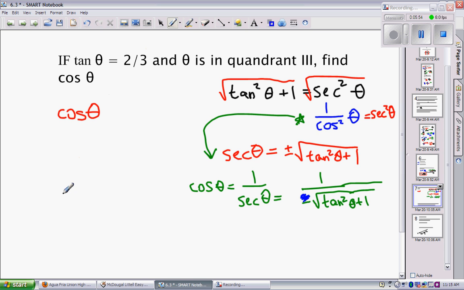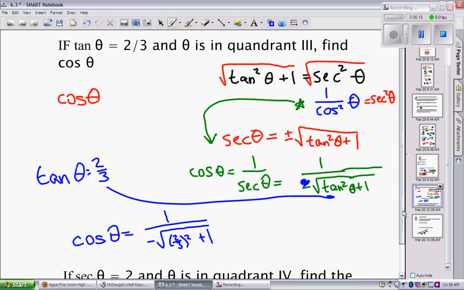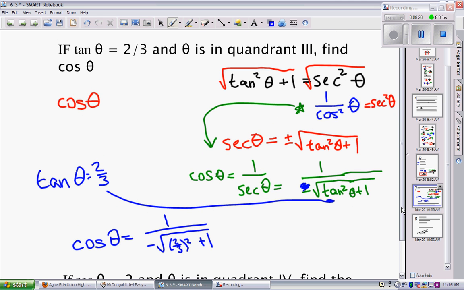So this is where the tangent of theta, being 2/3, comes into play. We take that 2/3 and we plug it in for tangent. So the cosine of theta equals 1 over the negative square root of 2/3 squared plus 1. 2/3 squared is 4/9 plus 1. 4/9 plus 1 is 13/9.